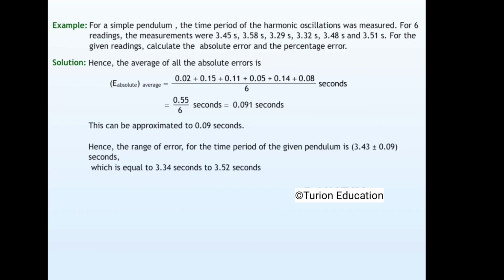This can be approximated to 0.09 seconds. Hence, the range of error for the time period of the given pendulum is 3.43 plus or minus 0.09 seconds, which is equal to 3.34 seconds to 3.52 seconds. The percentage error or relative error is delta E equals 0.09 by 3.43 into 100, which is 2.62%.